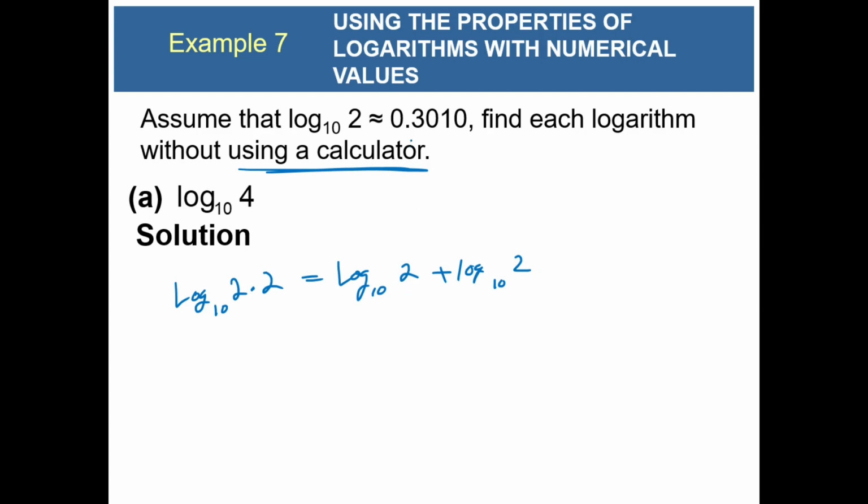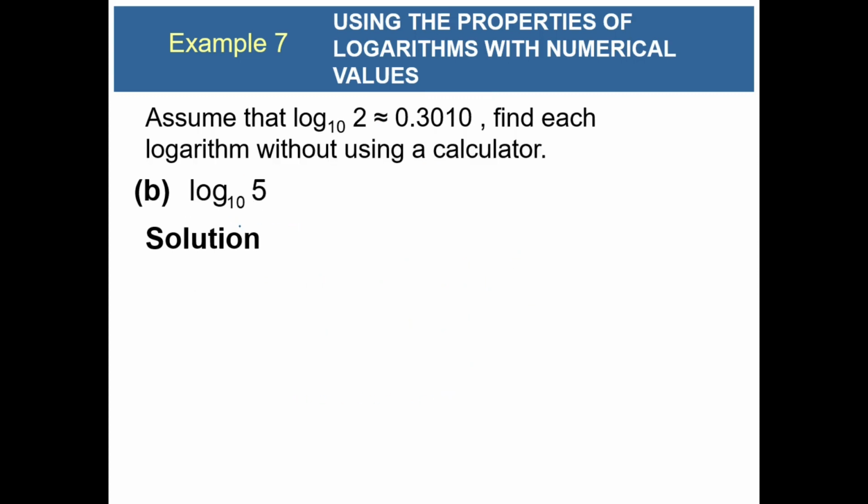So all we have to do with this expression is add 0.3010 twice. So this is equal to 0.3010 plus 0.3010, and that gives us 0.6020, and that is without a calculator.